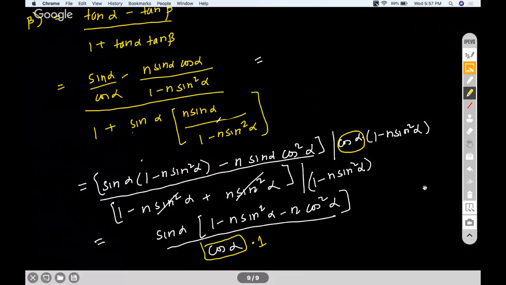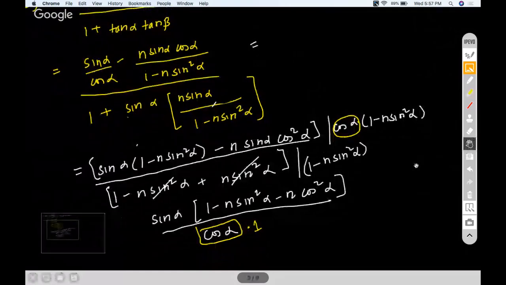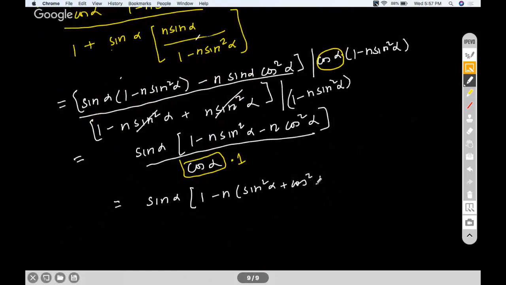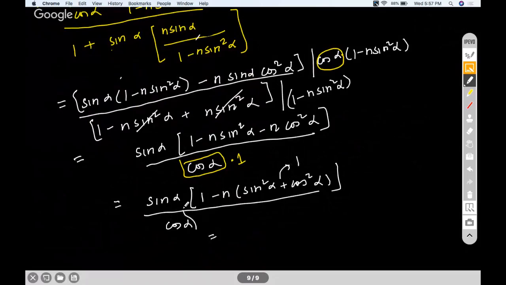Okay. Now from these two terms, if you take a negative n common, you get sine square alpha plus cos square alpha. Okay. Which is nothing but 1. So this will become tan alpha times 1 minus n, which is nothing but your RHS.